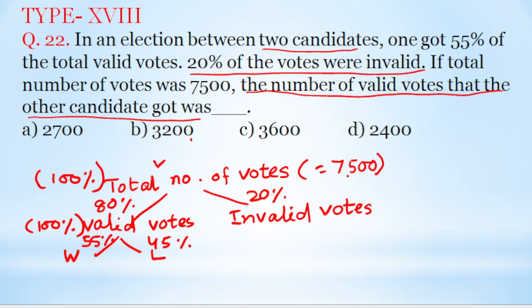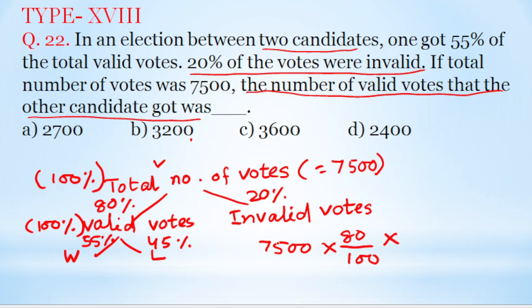Now how to solve? Total votes is 7,500. Out of these, the number of valid votes is 80%, and 80% means 80 by 100. Out of the valid votes, the other candidate got 45%.